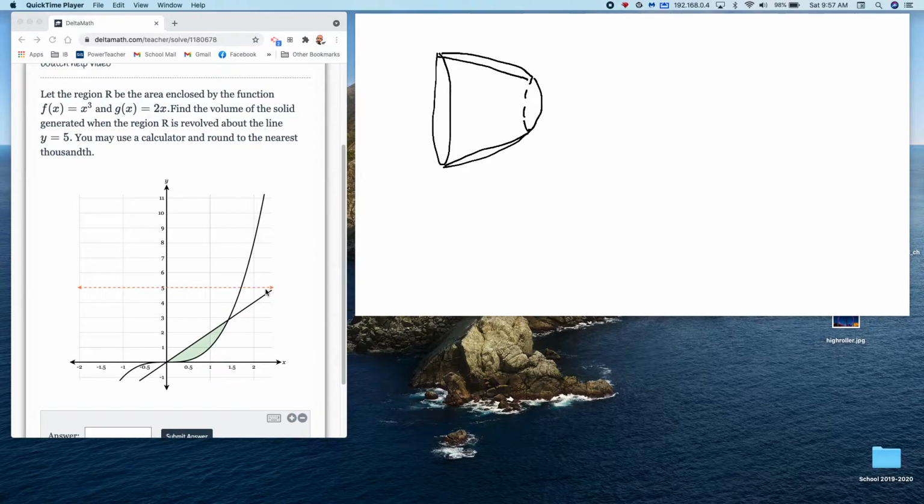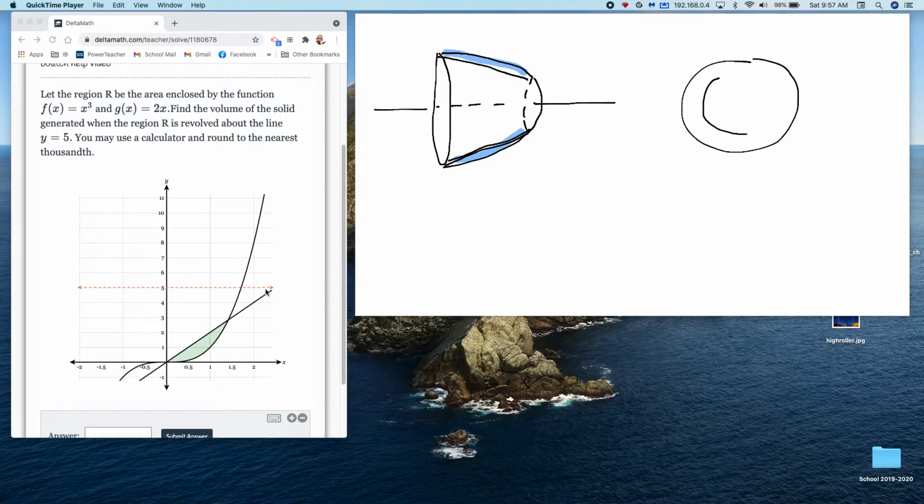If you spun it around the axis, the only solid part would be this part up here and this part down here, and the rest would be just a big hole.